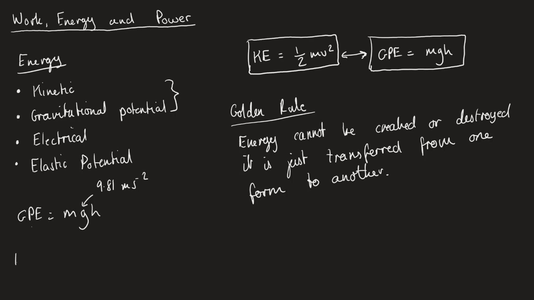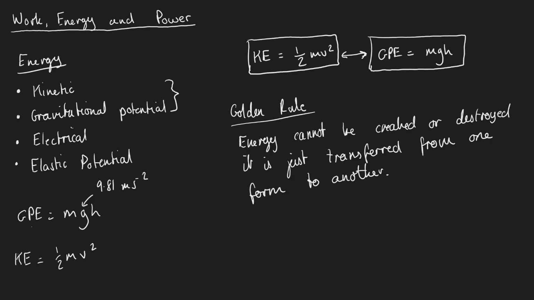Kinetic energy is when we're describing things that are moving. So we have half, and this factor is just there for integration reasons for anyone doing maths, m, which is the mass of the object, times v squared, where v is the velocity of the object. So it means the faster the object goes, the more kinetic energy it has.